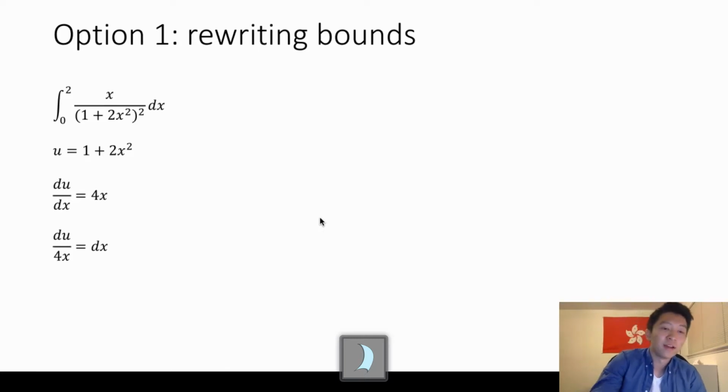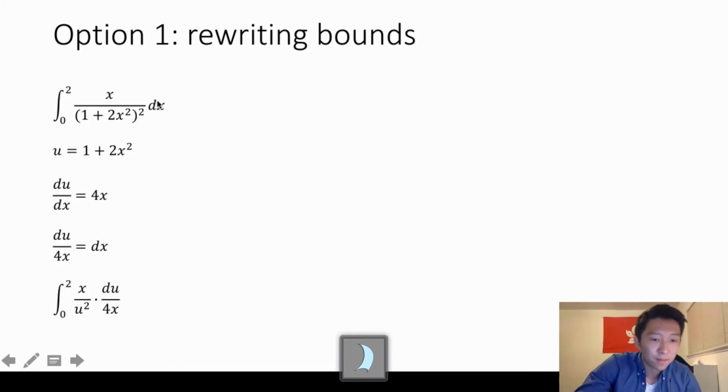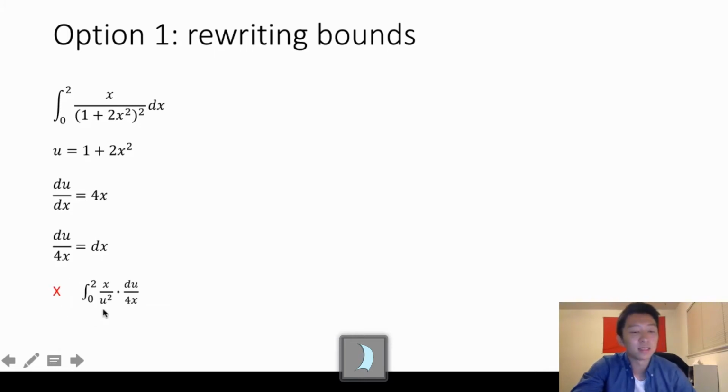Here, you can rearrange like we did before to isolate dx to get du over 4x equals dx. And you can substitute this back in right now, but I'd like to point out that this is actually incorrect, because the bounds 0 to 2 only apply to x. And since now you're integrating with respect to u, the bounds don't apply.